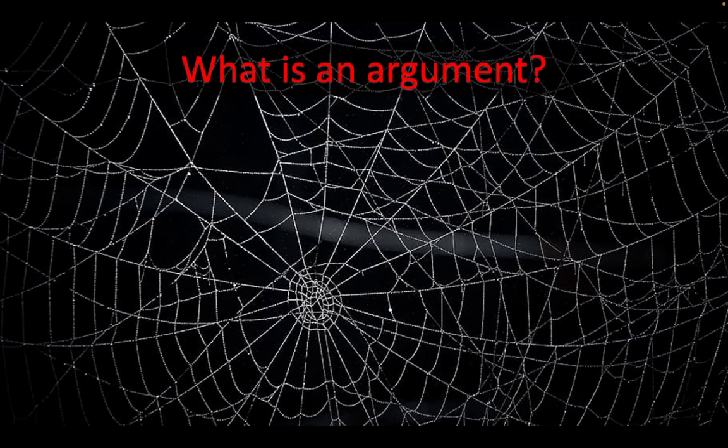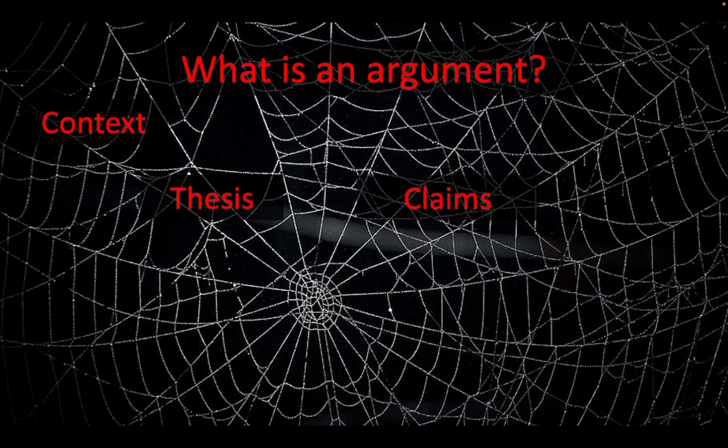So, just to sum it up, whenever a historian makes an argument, first of all, they establish the context. Where does it fit into history? They have a thesis, a 1 to 2 sentence answer to the question or the prompt that they're focusing on.